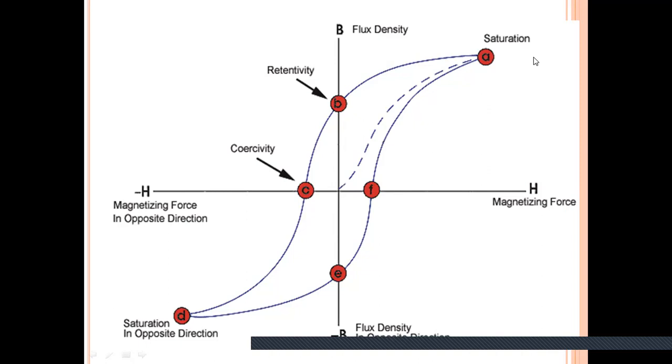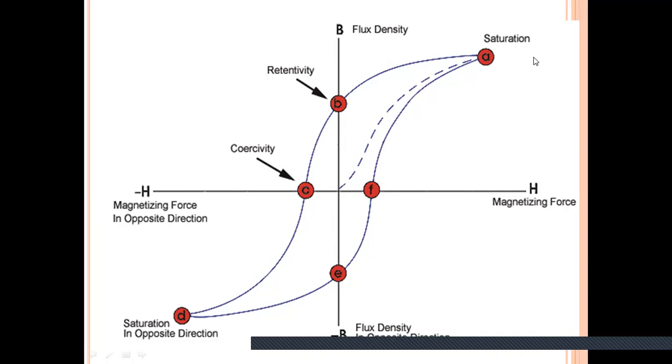If all the magnetic domains align in a particular direction, equal to the external magnetic field, all domains get magnetized, and the total material is completely magnetized. If we apply more magnetization force, there is no chance of developing more magnetic field inside the material. This particular condition is called saturation.